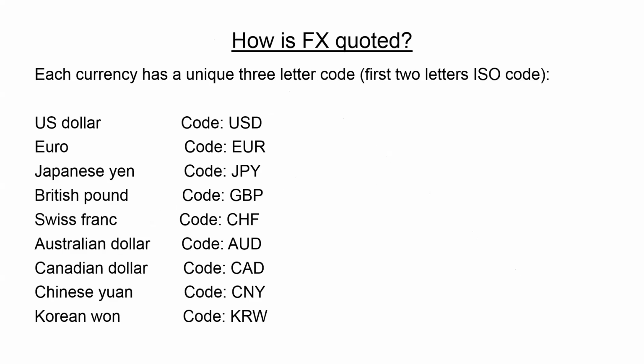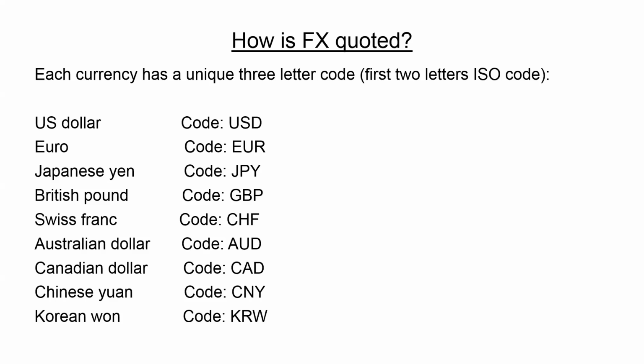So now we'll talk about how foreign exchange is quoted. Each currency has a unique 3-letter identifier code, which is called an ISO code. The first 2 letters of the ISO code represent the country or the block we're talking about. So for the US dollar, it's US. For the euro, it's EU. For Japan, it's JP.